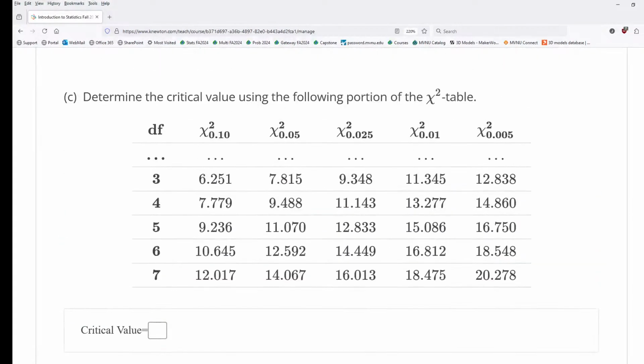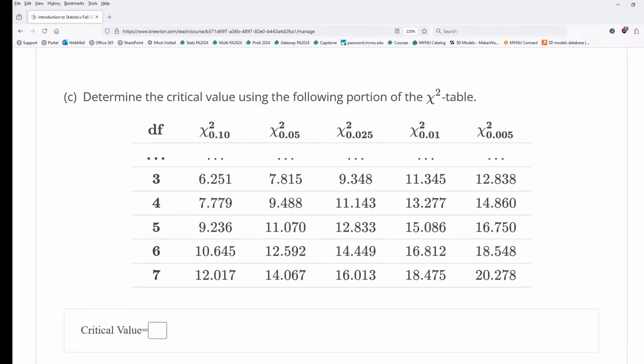They always give you the portion of the table that includes the degrees of freedom that you have. We have 5 degrees of freedom: there are 6 colors, and 6 minus 1 gives you 5. That's the right answer for that survey you're going to take. So with 5 degrees of freedom, and since our alpha level is 0.1, the critical chi-squared is 9.236.